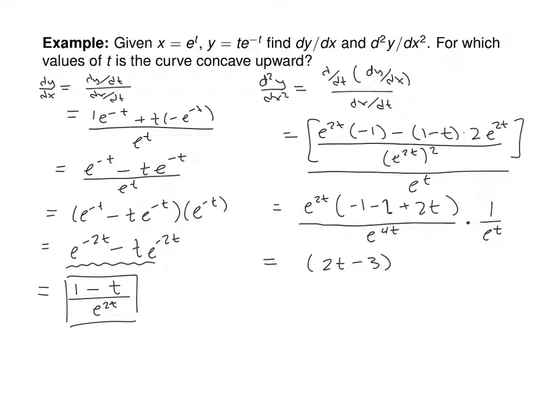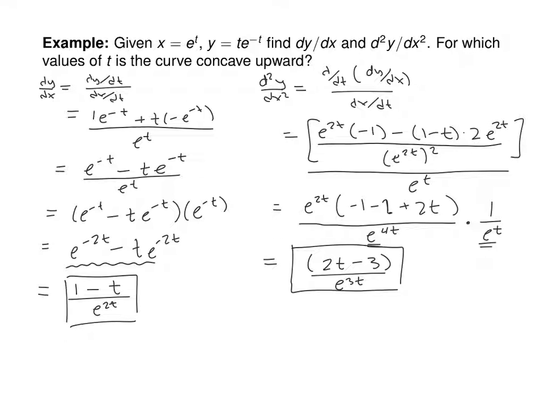And all those e to the things can do some canceling. So e to the 2t over e to the 4t cancels out to e to the 2t. You could think about the previous step where you had e to the 2t squared and an e to the 2t in the numerator. You could have just canceled one there. Then multiplying by this e to the t, those exponents add and you get e to the 3t. So there's the second derivative.